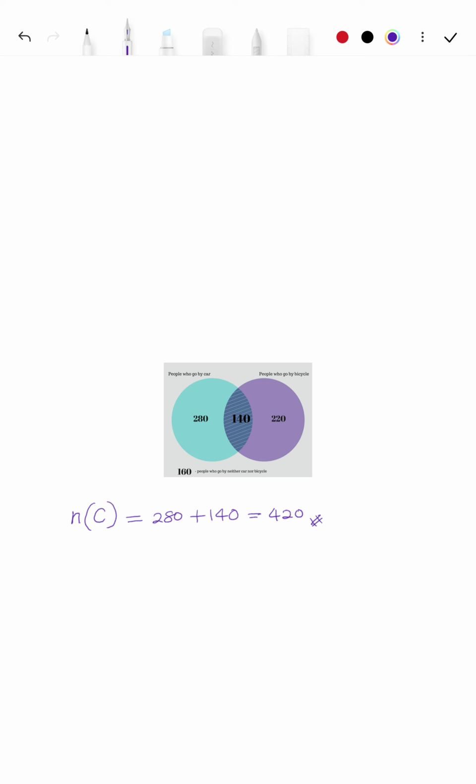If you are going to represent it by using a probability value, then you will write the letter P. Probability of C is 420 over N. What is N? N is 280 plus 140 plus 220 plus 160.